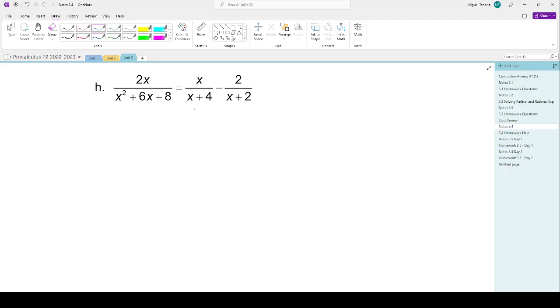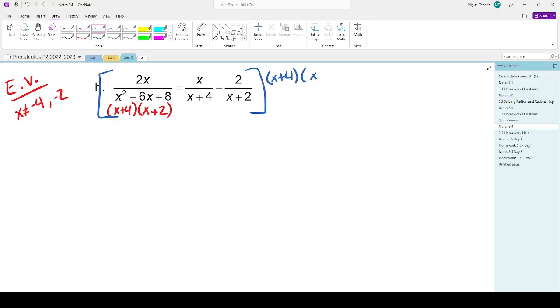So again, we're going to factor. The bottom over here factors into x plus 4 times x plus 2. I totally knew what I was doing there. So my excluded values are going to be cannot equal -4 or -2. So we're going to multiply everything by the GCF, which is x plus 4, x plus 2.